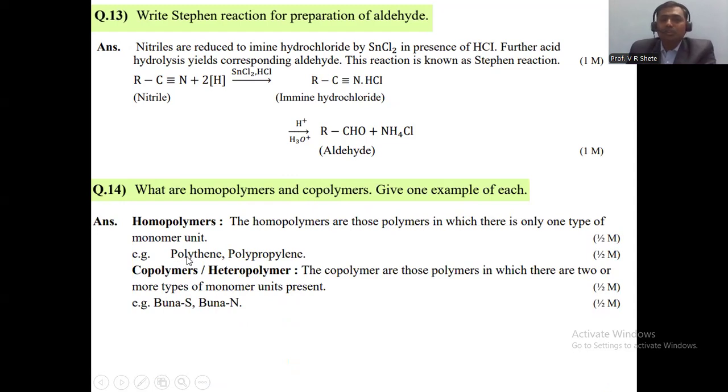Polythene is formed when two ethene units combine, then combine with another ethene to form a dimer, and continuous polymerization leads to polythene, like polypropylene. A copolymer, or heteropolymer, is one in which two or more different monomers combine to form a polymer, like Buna-N, butadiene acrylonitrile rubber.